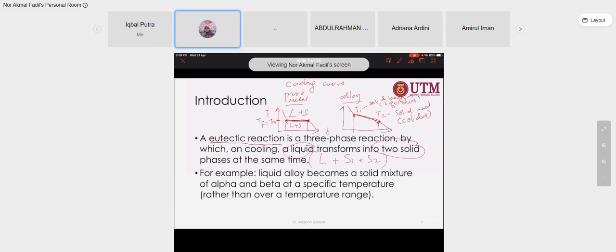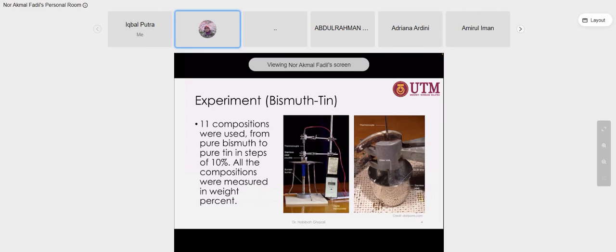There are three phases for the eutectic at a constant temperature. A liquid alloy becomes a solid mixture of solid 1 and solid 2, which we name alpha and beta, at a specific temperature, a constant temperature, rather than over a range of temperature for the alloy. But still, we talk about alloy for this case, except that it is in a eutectic reaction.